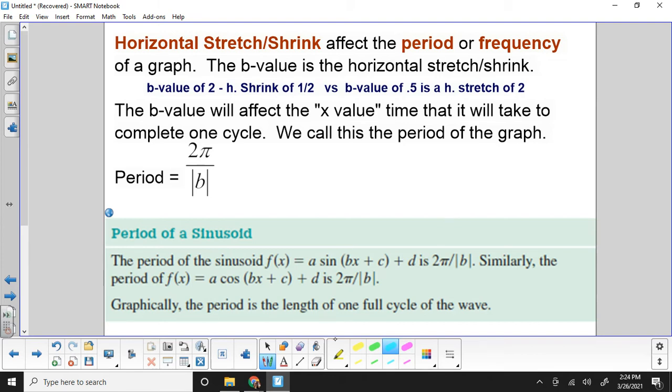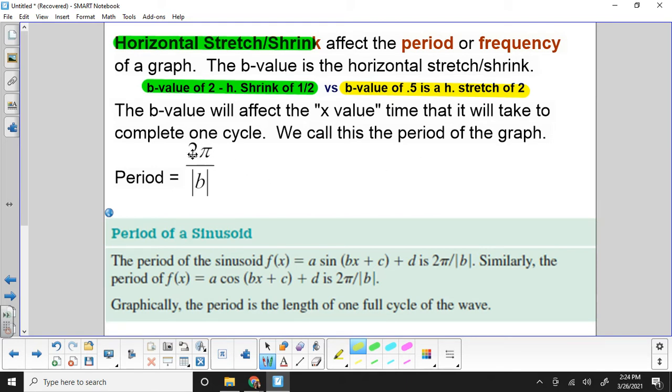The B value is always going to represent your horizontal stretch or shrink. If you have a B value of 2, it actually is a horizontal shrink of 1/2. A B value of 1/2 or 0.5 is a stretch of 2. Remember, these are always opposite of what you think will happen.